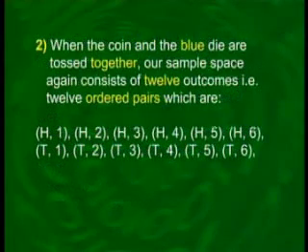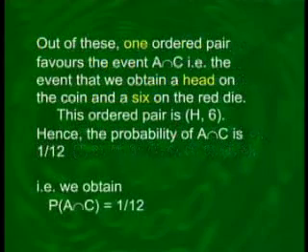Similarly, when the coin and the blue die are tossed together, our sample space once again consists of 12 outcomes, H1, H2, and so on. Now, out of these, 1 ordered pair favors the event A intersection C. That is, the event that we obtain a head on the coin and a 6 on the blue die. और जाहिर है कि ये ordered pair वही है जो H6 पढ़ा जाएगा.